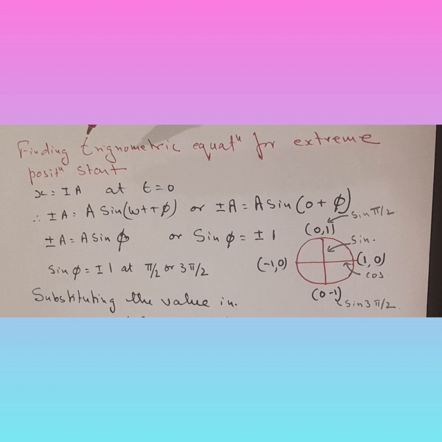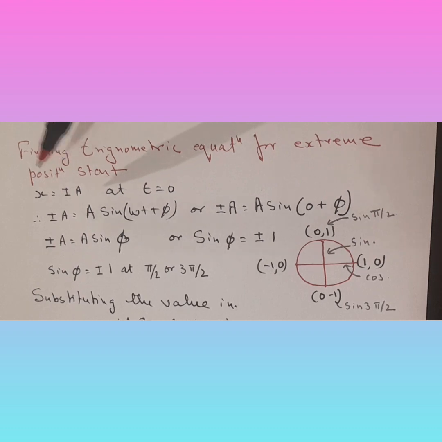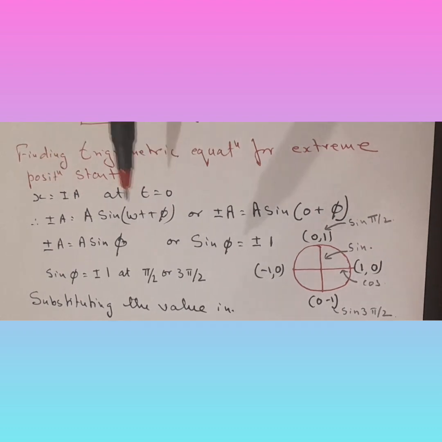Now let's find out the equation when it starts from the extreme position. If this is the mean position, this could be an extreme and this could be the other extreme, so it could be plus or minus a at t equal to 0.